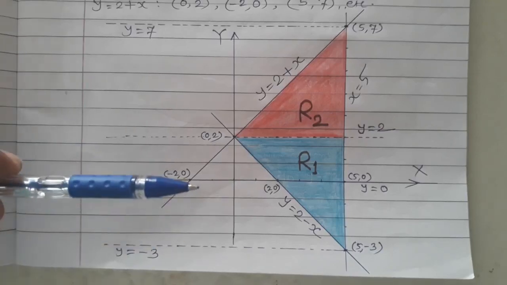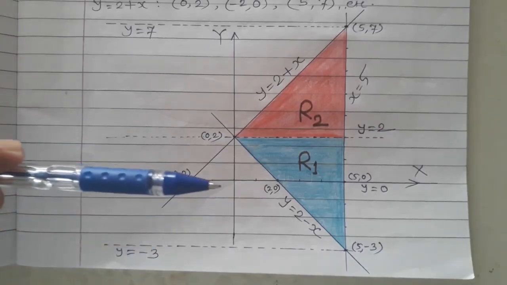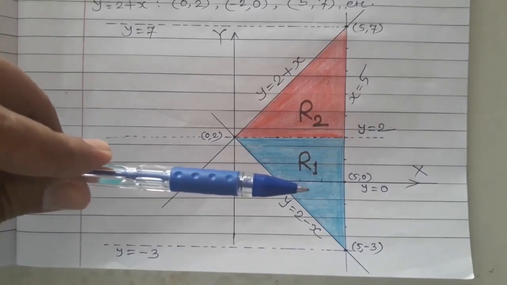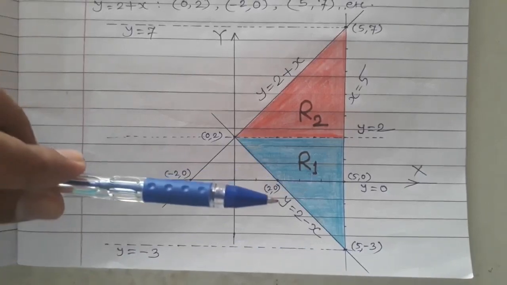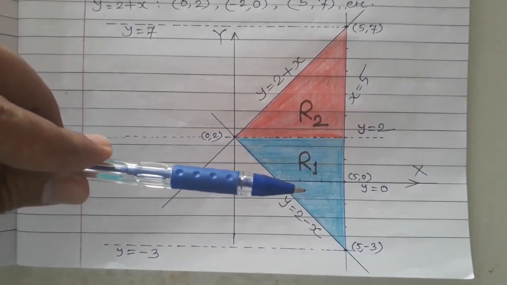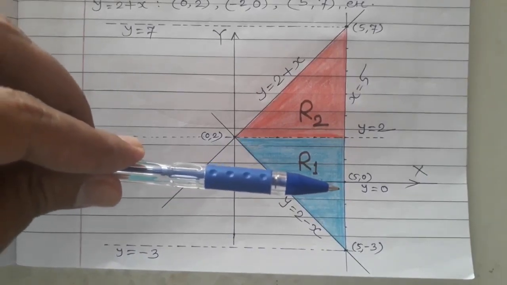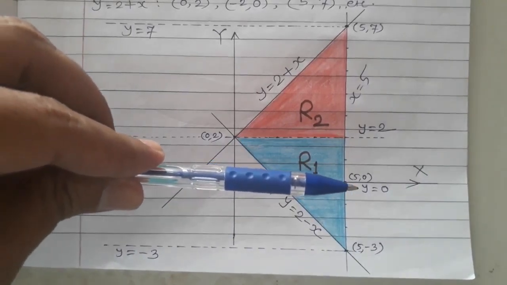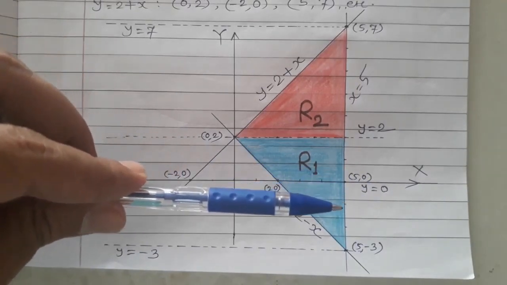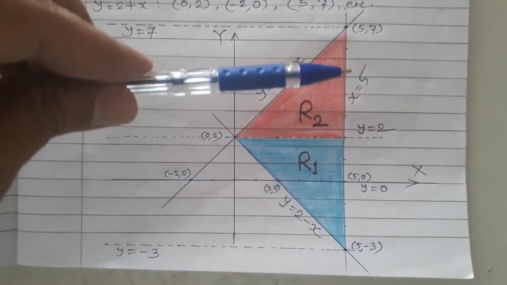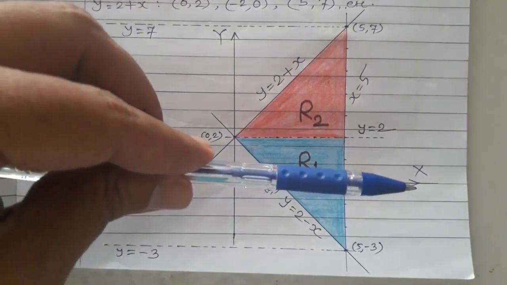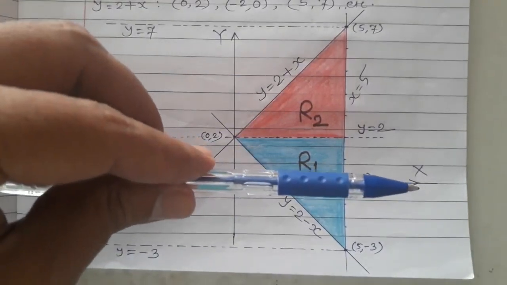For R1 region now, so firing is like this. So first of all, the bullet will break the wall y is equal to 2 minus x. By that actually x comes here, x is equal to 2 minus y. So lower limit of x is equal to 2 minus y, and after that it goes through the color and comes out from the wall x is equal to 5 line. Okay, so x is equal to 2 minus y to x is equal to 5, that is the entry and exit wall break.